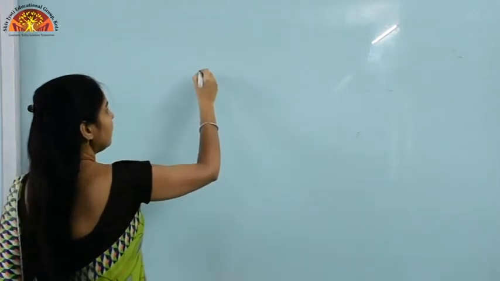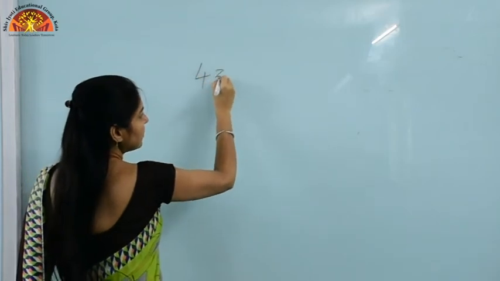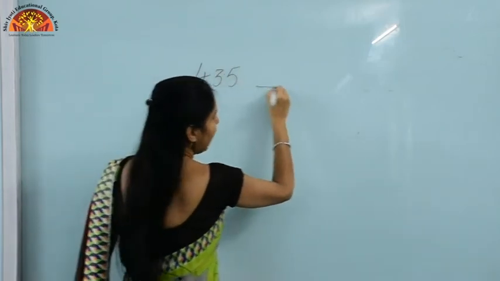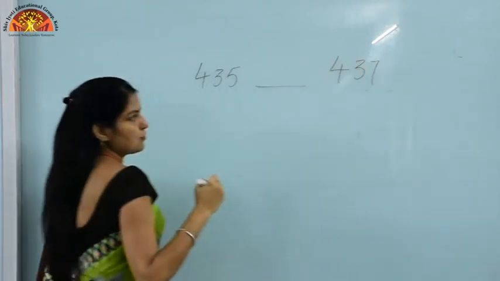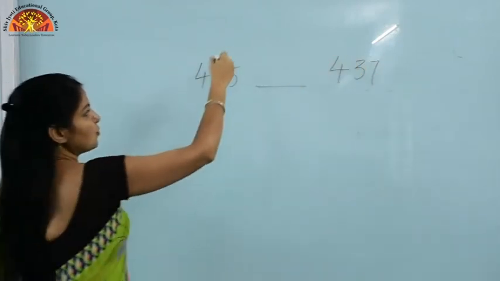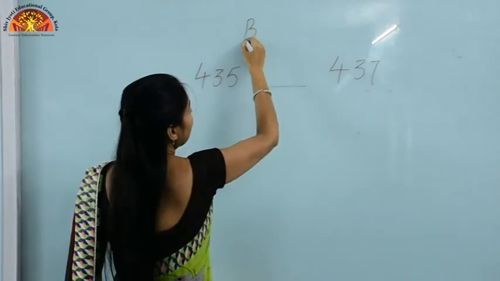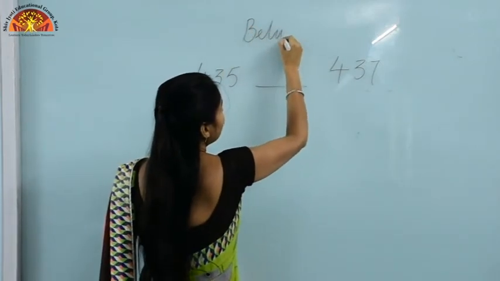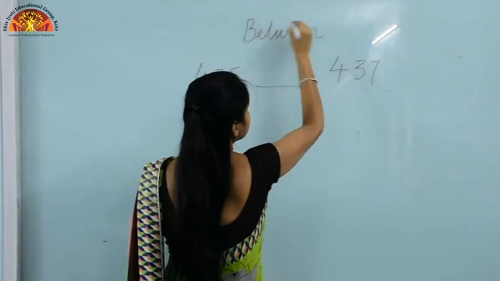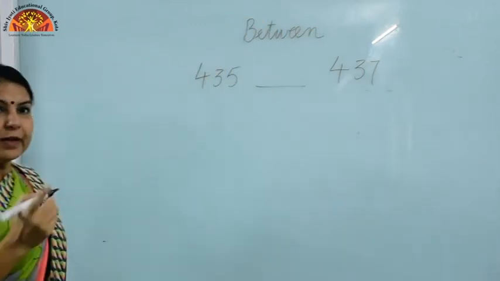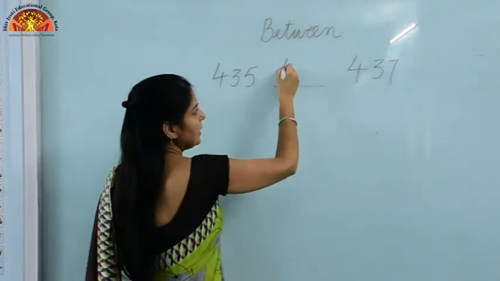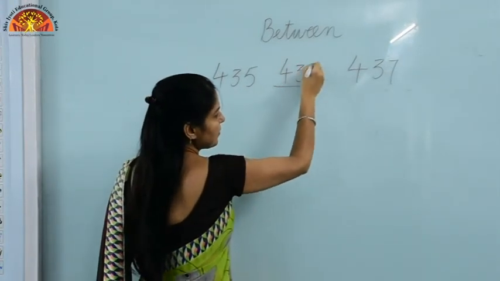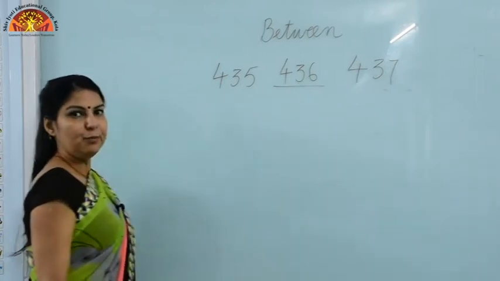Two numbers are given, 435 and 437. So what you will do is find the between number of these two numbers. What will come after 435? 436. I hope you have understood.